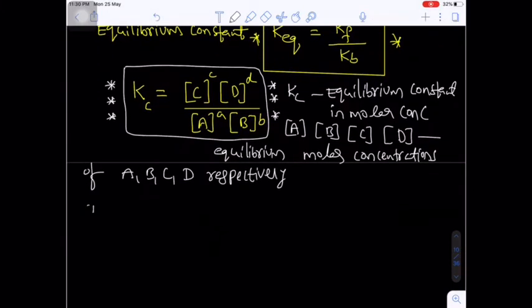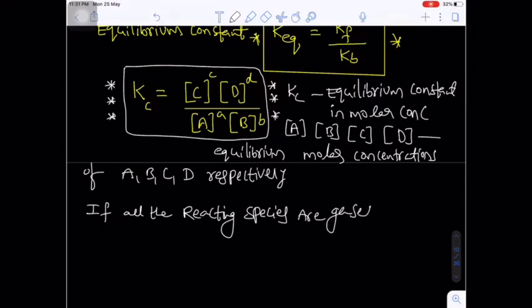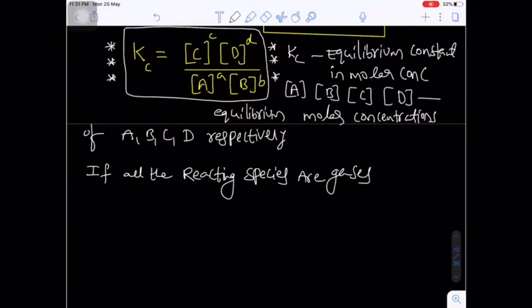Okay. Let's suppose all the reacting species are gases. Let's suppose all the participating species are gases, then we can express another equilibrium constant which is known as Kp, that is the equilibrium constant in partial pressures. For gases we can measure the pressure, partial pressure, which is nothing but its active mass.